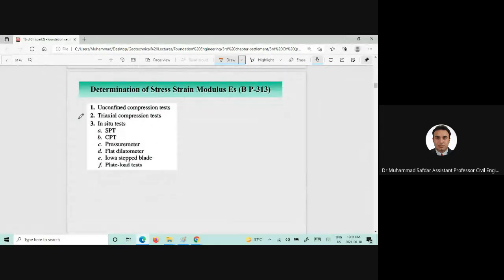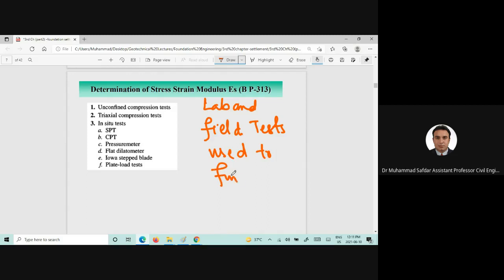Now, what are the lab and field tests used to find the modulus of elasticity? These are the lab tests: unconfined compression test and triaxial compression test.